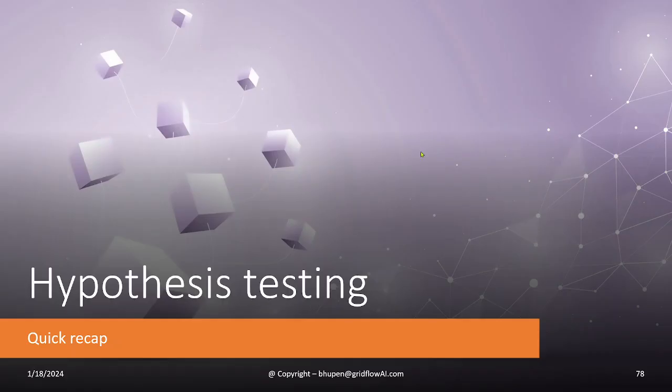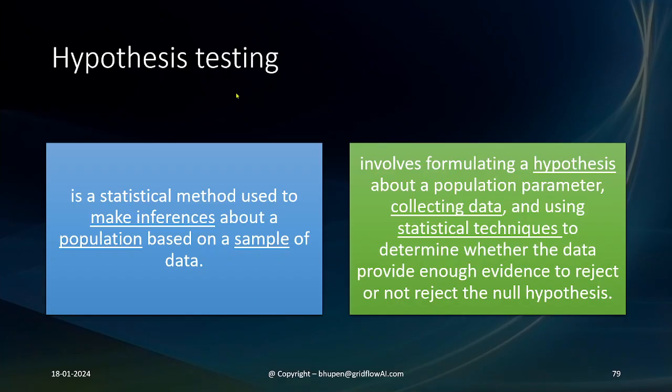A little bit of hypothesis testing as a recap here, although this is a statistical topic. We'll do a quick recap. So what is hypothesis testing? It is a series of methods used to make inferences about a larger population by taking a smaller sample.